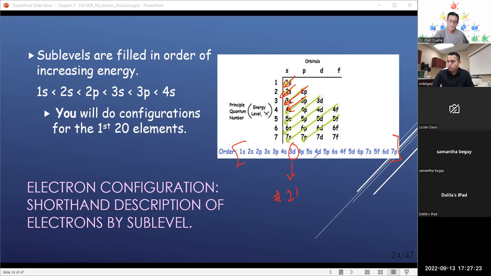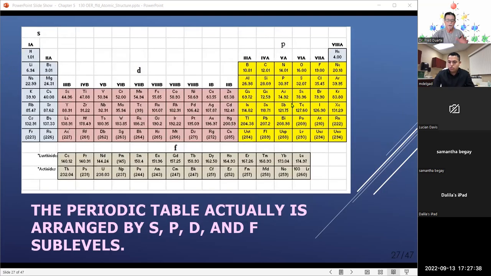You may not see any Ds at all. And so you can use that sequence there to help you write the electron configuration, or you can utilize the periodic table with this information so that you can very quickly do the electron configuration of any element.